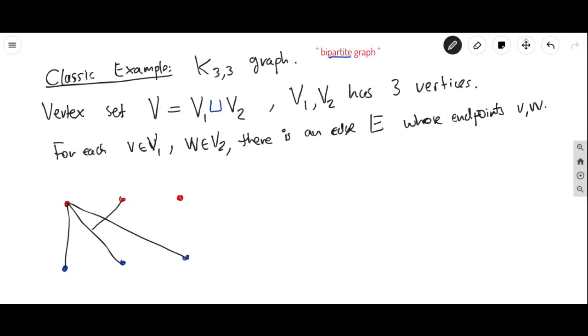Now, here's something you can do. You are permitted, when you're drawing graphs, to go like this. The points of intersection are not part of the space. And if you want to be perhaps more accurate, you can draw the edge as going underneath it. It goes underneath it because that's what we mean when we say every graph can be embedded in R3. So you just go underneath it.